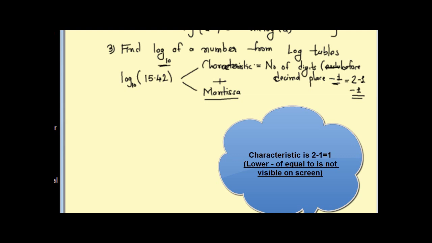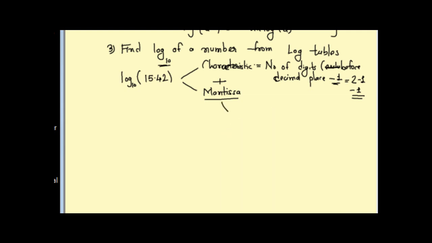Now the second part, the mantissa, you can find from the log table. Before going to the log table, we'll first see the number. The number of which we have to find the mantissa is 1542.